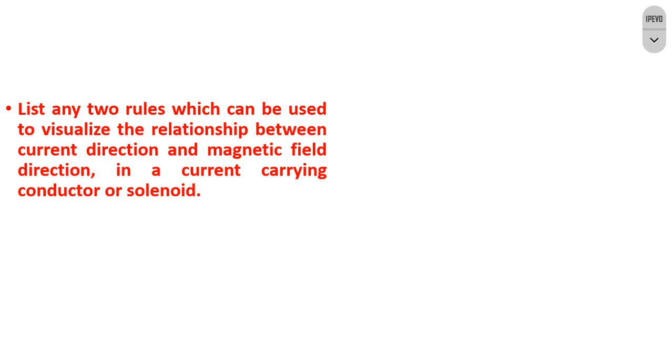List any two rules which can be used to visualize the relationship between current direction and magnetic field direction in a current carrying conductor or solenoid.